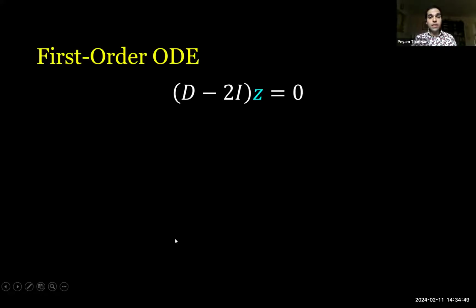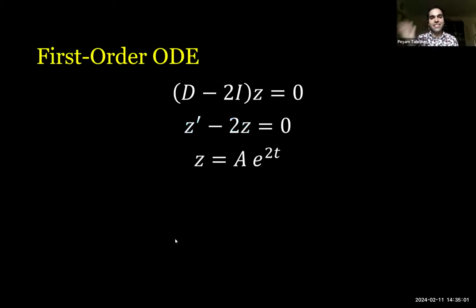And using the definition, this just becomes z prime minus 2z equals 0. And now we're back to first order ODEs. So this is the one we're happy with, sort of our happy place. And we get z is a e to the 2t. And we just need to unwind this using the definition of z, because z is just (D minus 3I) y, which is a e to the 2t.